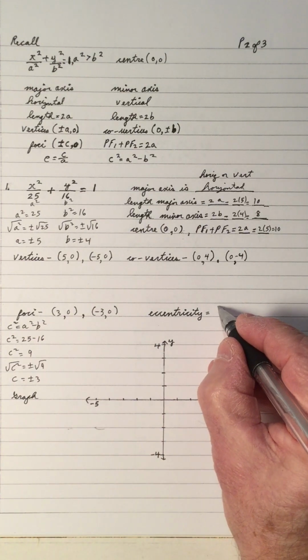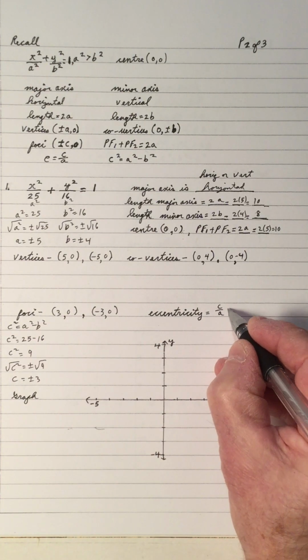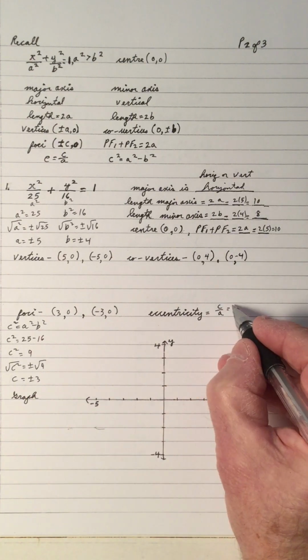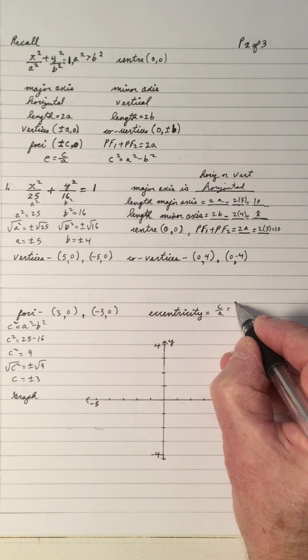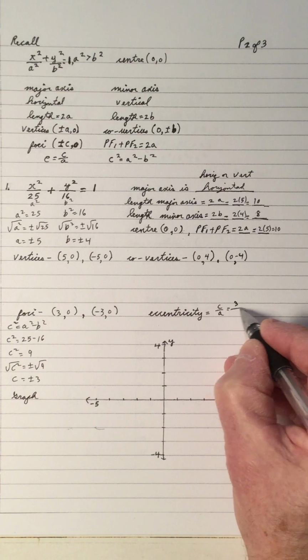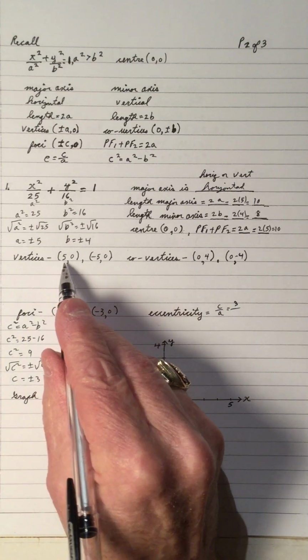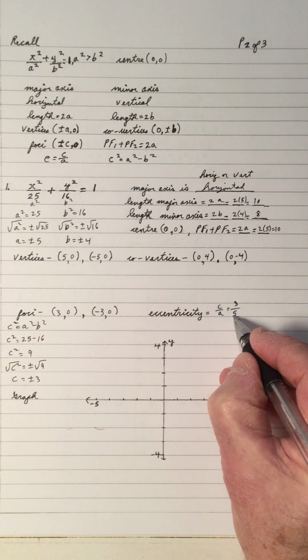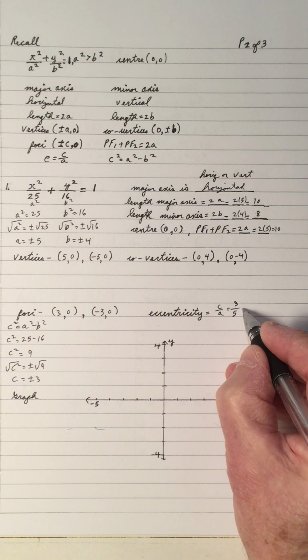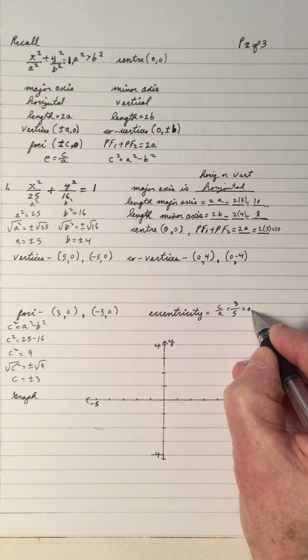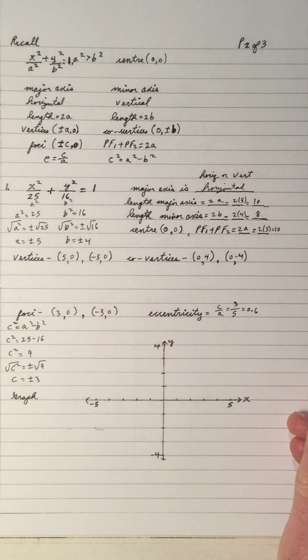The eccentricity is c over a, so c is plus or minus 3, but we'll just keep it positive as a ratio, and a is plus or minus 5, but we'll keep it 5. So the eccentricity is 3 over 5, or we could say it's decimal 0.6 if you want a decimal.